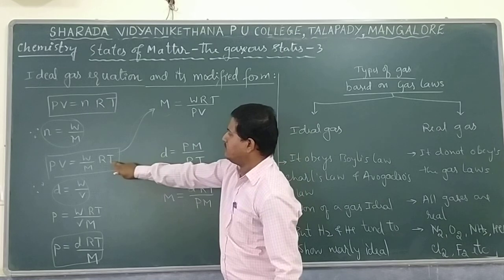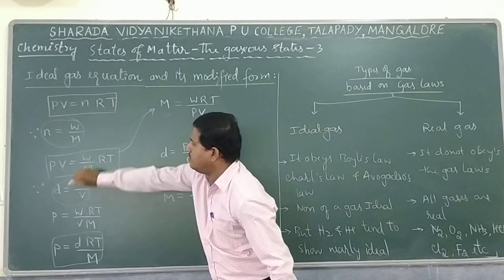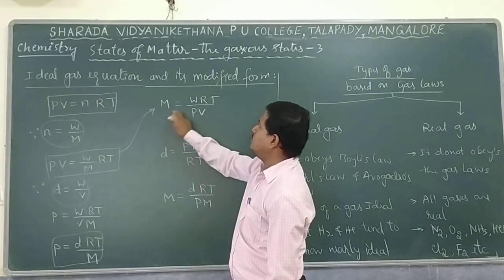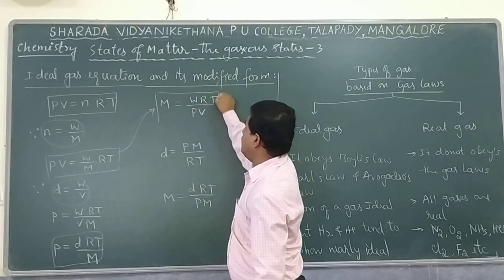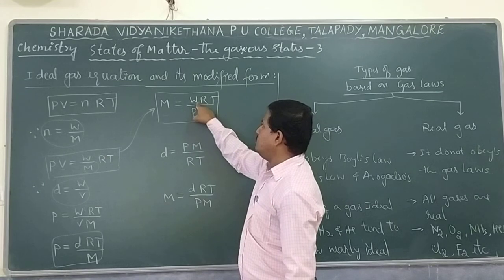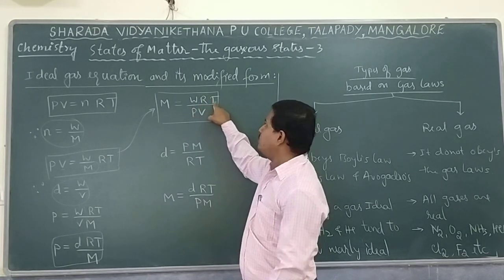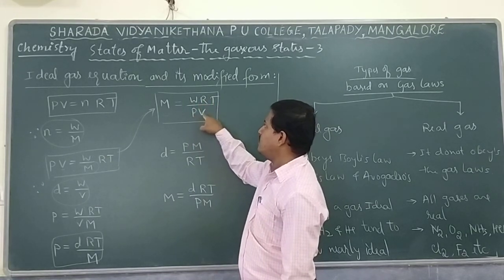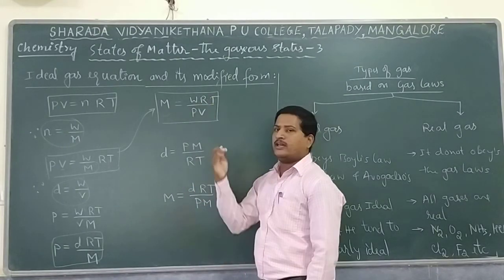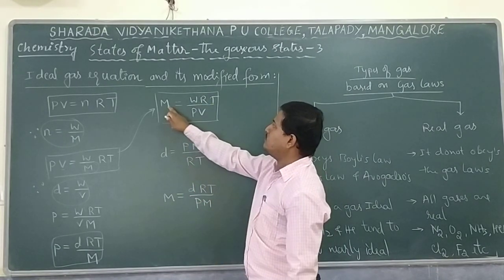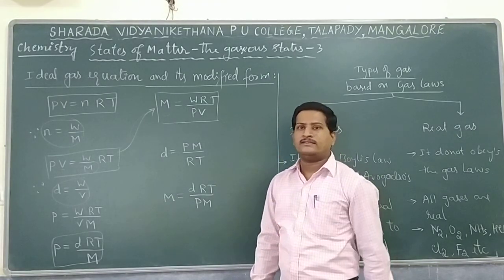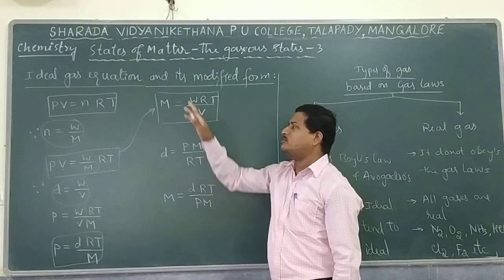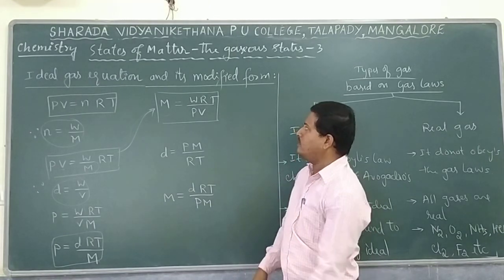Using this equation, it is possible to find the molecular mass: molecular mass equal to WRT divided by P into V. If you know the mass of the gas, W, the temperature, the pressure, and the volume of the gas, and the R value is already a constant, it is possible to find the molecular mass of a given unknown gas. Using molecular mass, it is possible to find the type of gas molecule. What is the meaning of that?